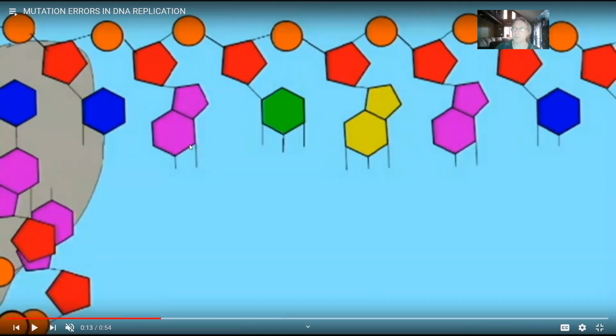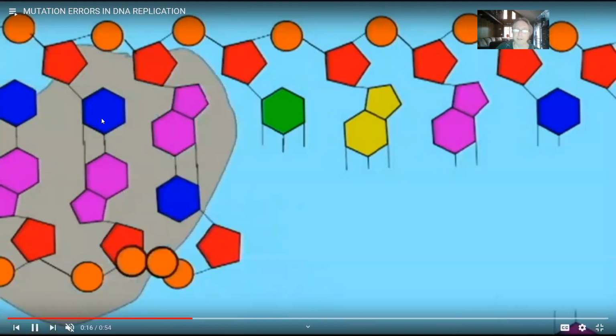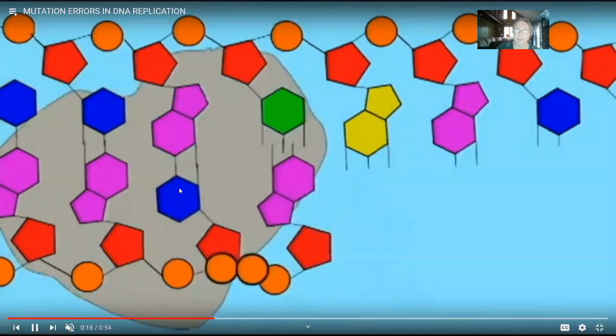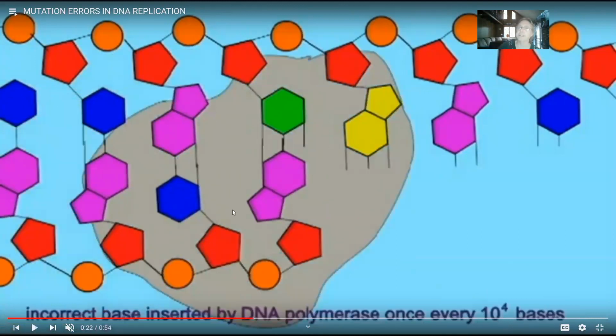And so you convert a double-stranded DNA molecule into single-stranded DNA molecules. And the DNA polymerase is now trying to only insert adenine to pair with thymine, and only insert thymine to pair with adenine, so that there are these complementary base pairs. Well, if you were to try to type an exact sequence, you make mistakes from time to time, and so does DNA polymerase. It's not perfect.